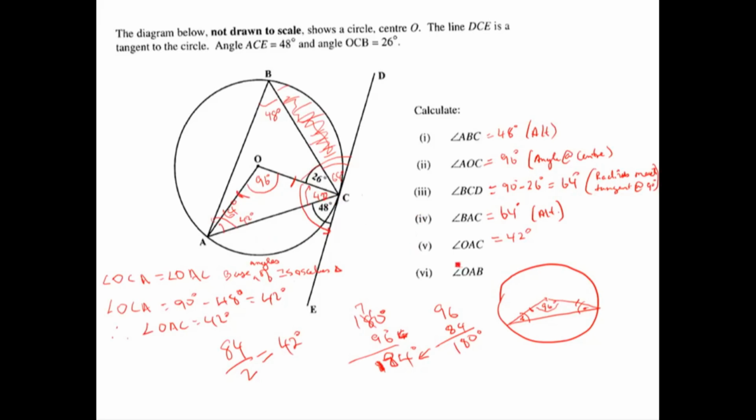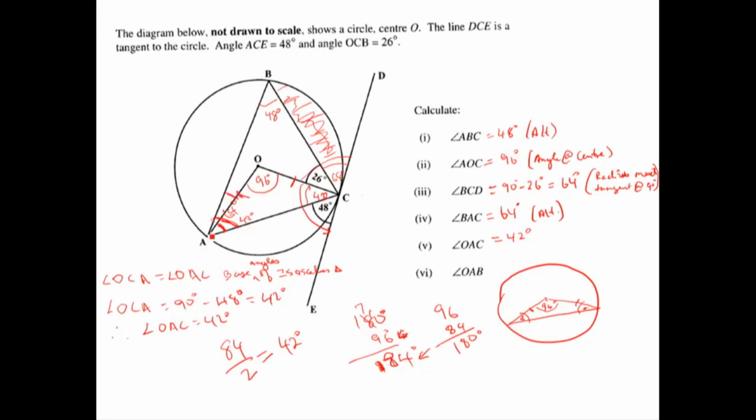Okay, the last one is angle OAB. Now that should be simple. Since we found angle OAC to be 42 and the entire angle BAC to be 64, these two pieces must add up together to give you 64. In other words, if this entire angle here is 64 and this piece is 42, then what is this piece that they're asking us for?